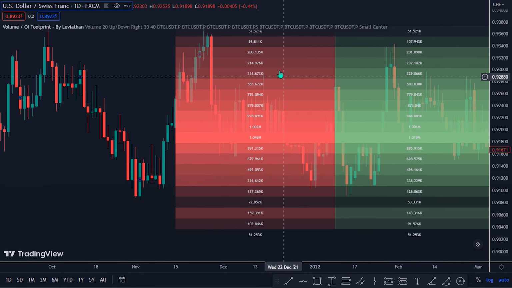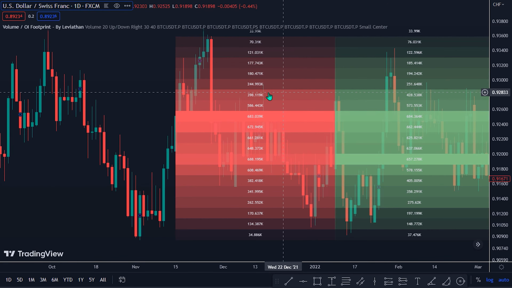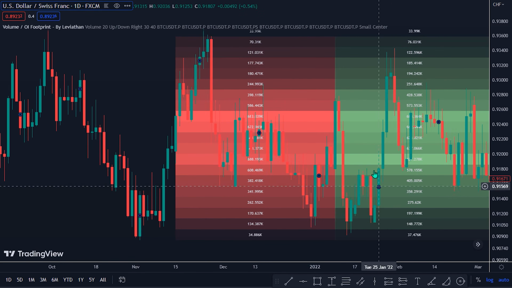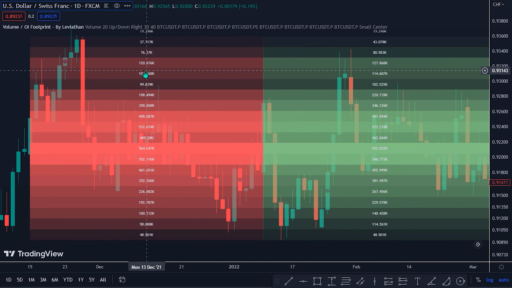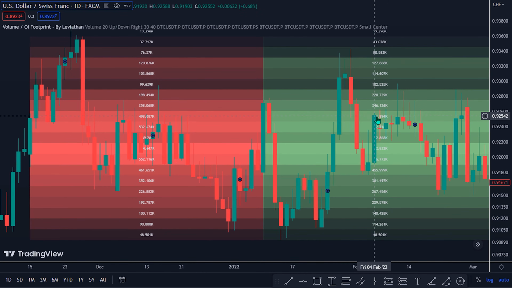The red shaded footprint bar on the right side signifies sell volume, and the green shaded footprint bar signifies buy volume. The red shaded bar displays the sell volume value. Likewise, the green shaded bar displays the buy volume value.